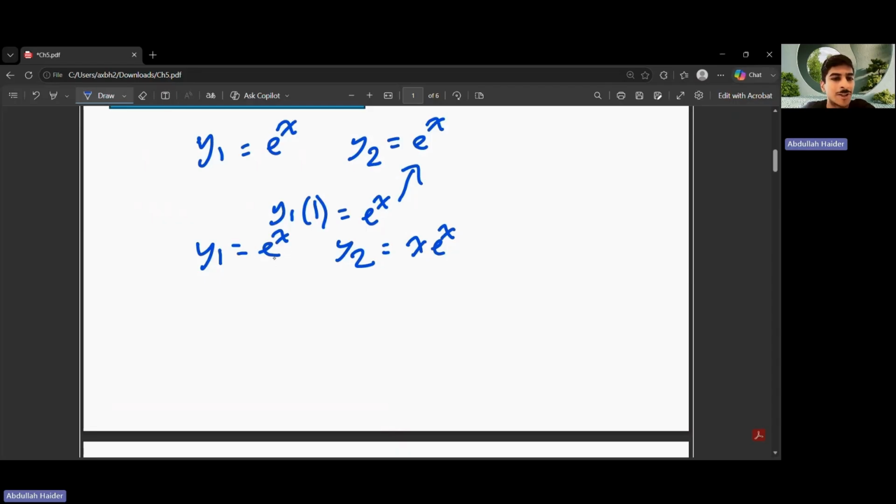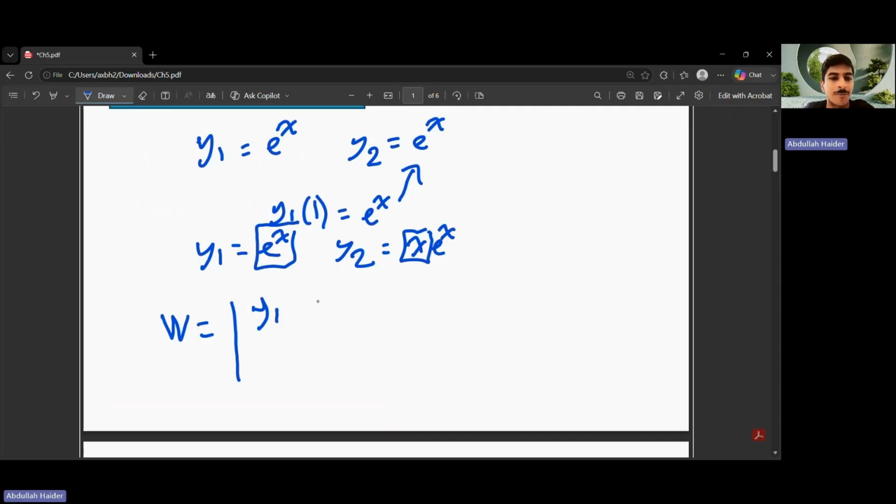No matter what constant I multiply this by, 2e power x, c e power x, I'll never get this x over here. This x is present just to make the solution independent. And the Wronskian is always used to determine the independence and dependence of solutions.